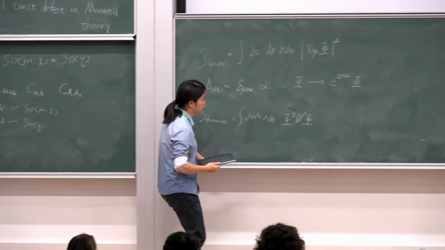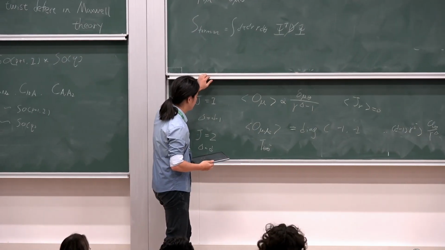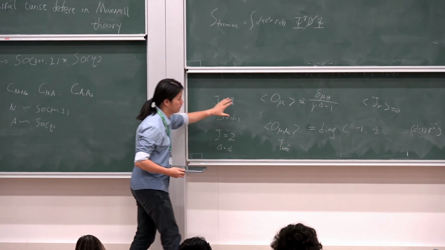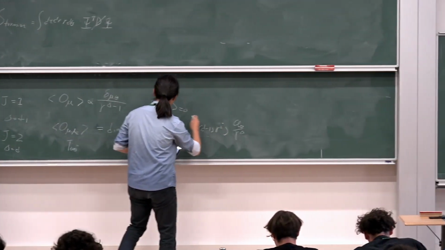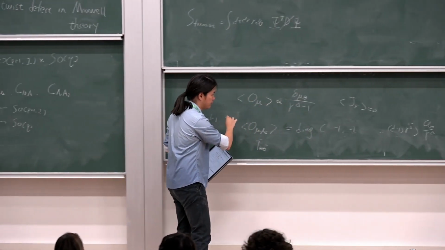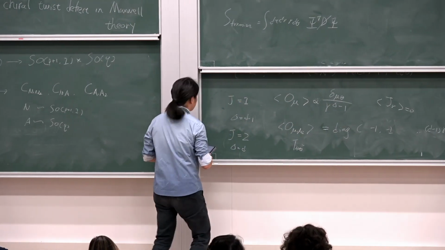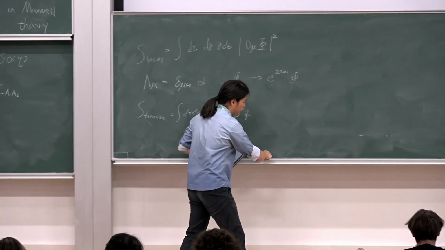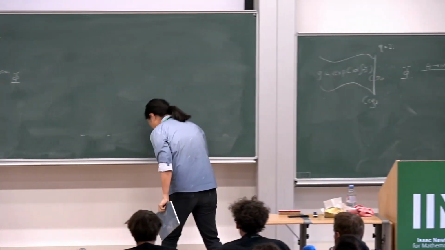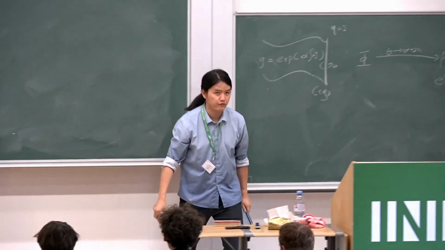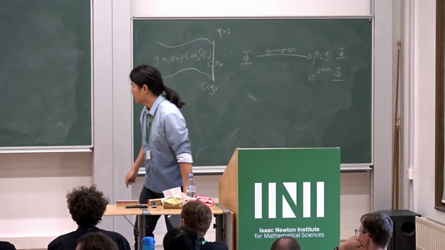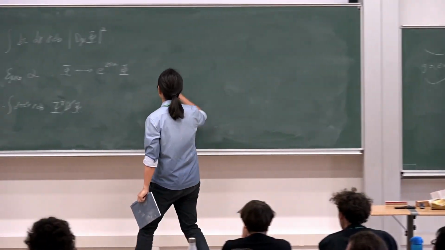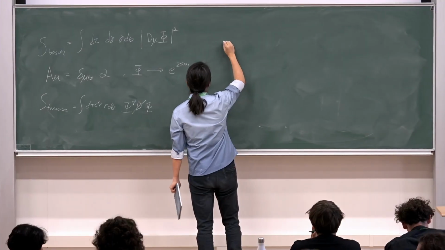Let me tell you what you would get if you want to calculate the one-point function, if you want to fix the coefficient here for the current as well as for the stress energy tensor. So eventually, if you do a mode expansion and calculate the contribution from each spinning mode for the scalar field, you would actually find two fixed points.